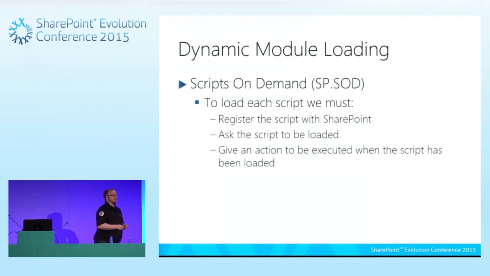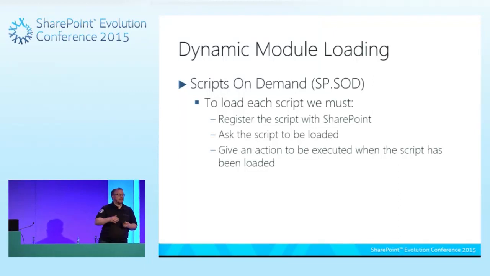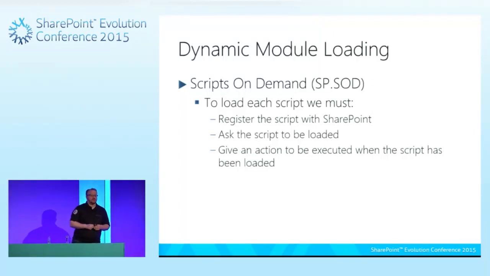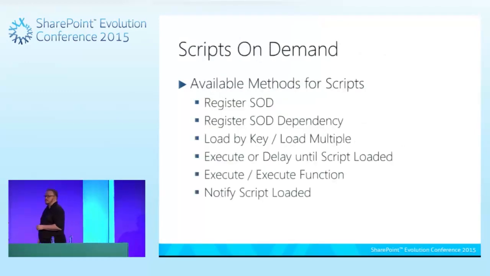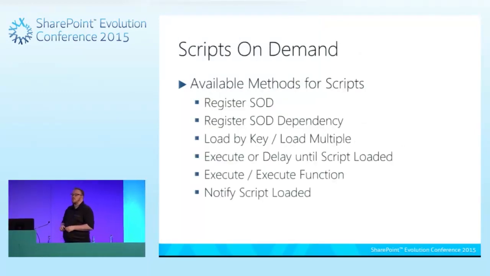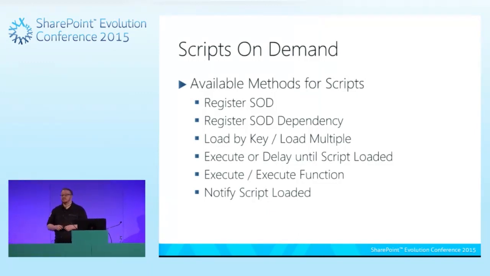Some methods just try and load an out-of-the-box file and then load a method from that file. Other ones are designed to be used with custom files. The distinction's not been made for you. So the first one we have is register scripts on demand. This takes a key. It can be anything.